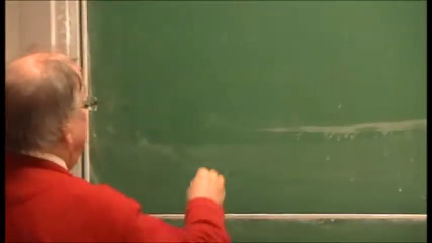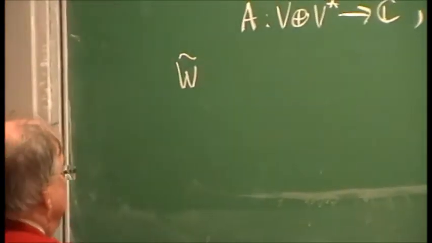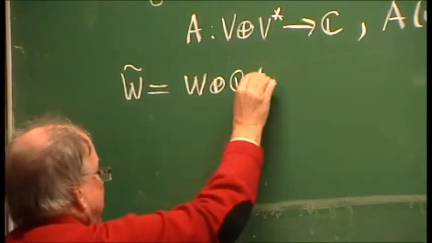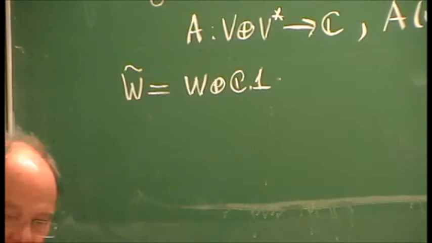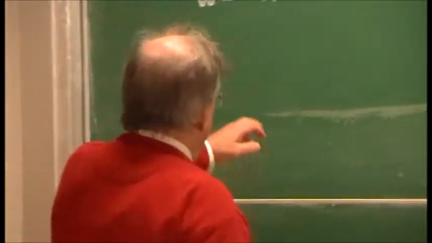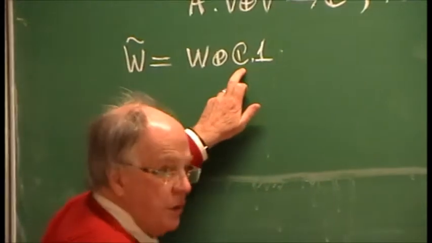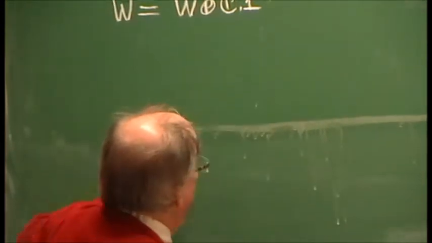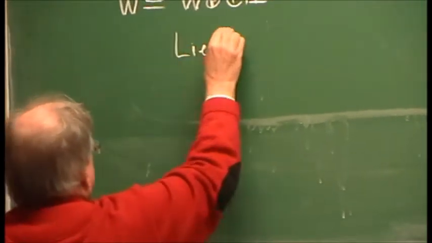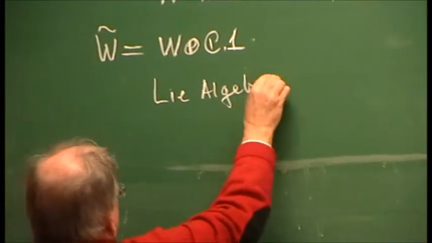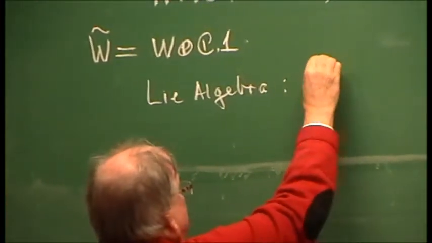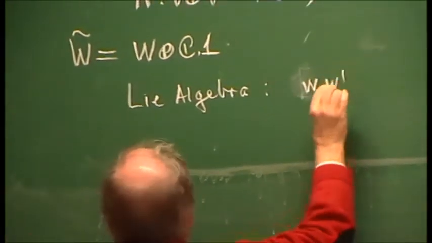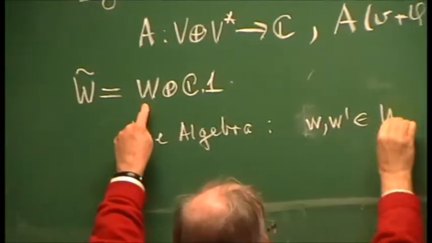When one defines a Lie algebra here to be, and this was confusing to some people, I'm now using the scalar C. So just a symbol 1, which physicists will call vacuum, but this means just a copy of C with a distinguished basis. You have a one-dimensional vector space with this basis. This is a Lie algebra. By the bracket, if you have two elements in the W part of it, I have to say what's going to happen to them.